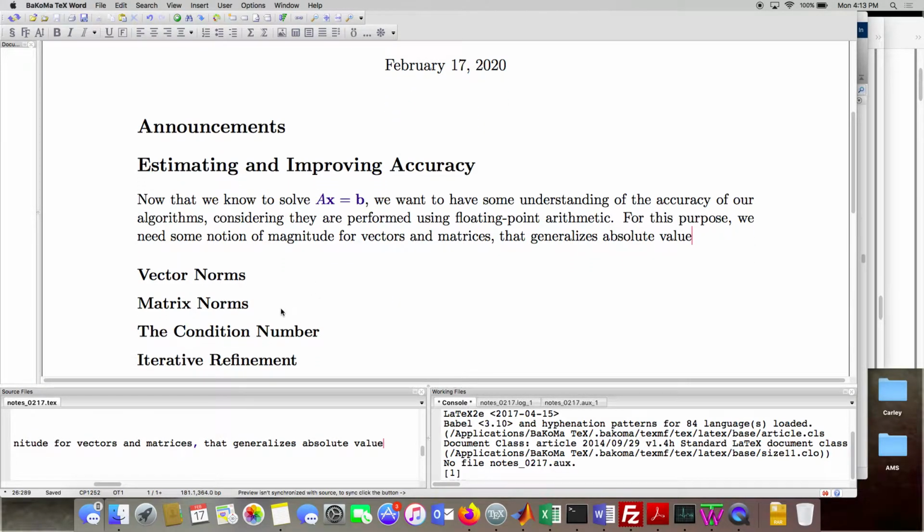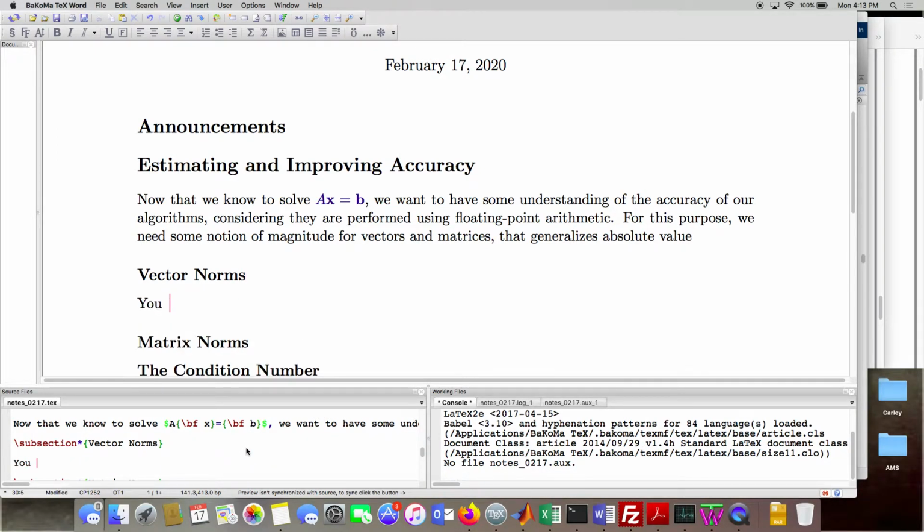We'll start out with vectors, because that's simpler, and then we'll go to matrices from there. Now, from calculus, you did have to deal with the concept of magnitude of a vector.